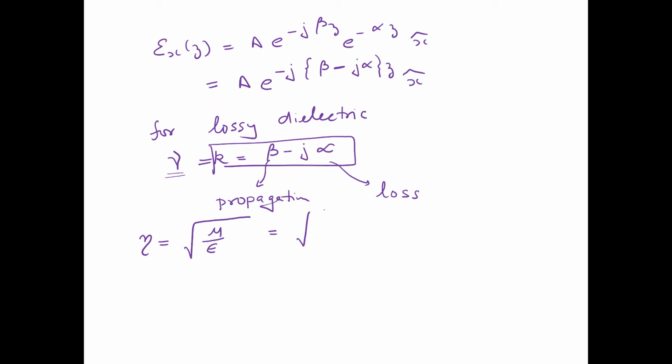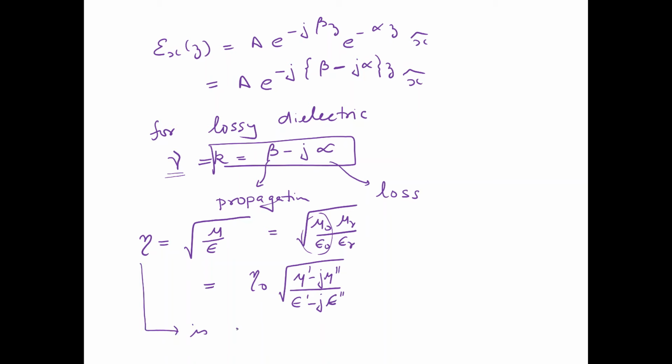You can write this as mu naught mu r, epsilon naught epsilon r. This part here is nothing but eta naught. Mu r, we said, has a real part and an imaginary part in general. And epsilon r has a real part and an imaginary part in general. So your eta is complex too.